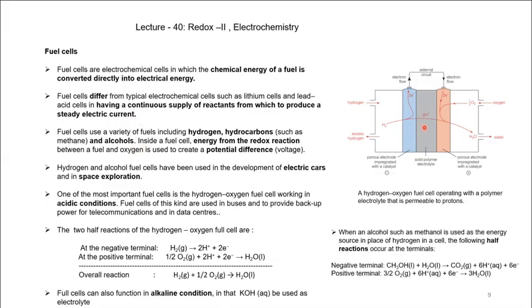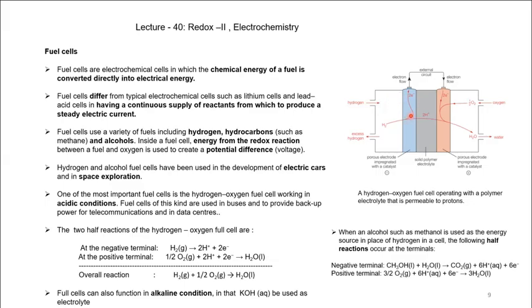We go here then. Look into it: we have a porous electrode impregnated with a catalyst. And then we have hydrogen gas coming to it.